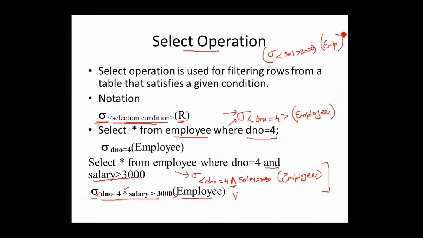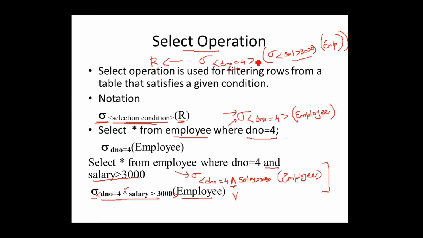Now on this, I can again apply a condition. What is that condition? Select all the employees whose department number is equal to 4. So first I apply this condition, then I apply this condition. What I'm going to get? I'm going to get a result.